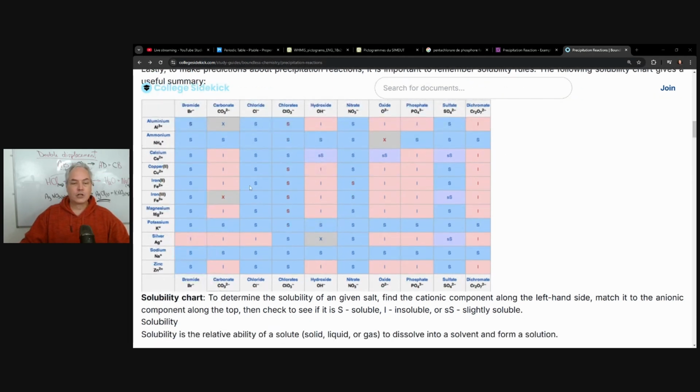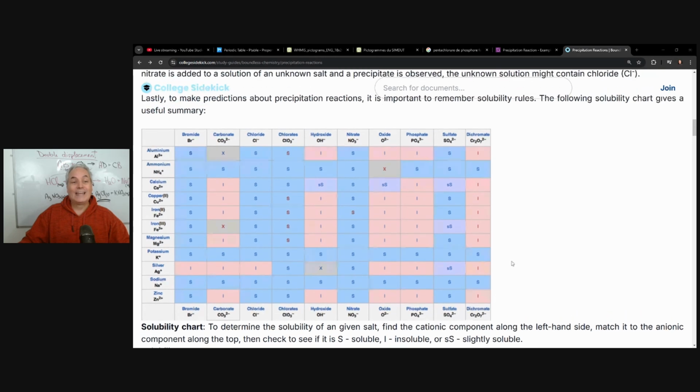A solubility chart is used to determine the solubility of given salts and find specific information about them in different solutions. For example, I'm going to put the links here. That's the first one I picked up. If you were to search in your textbook or online, you would be able to find other examples.